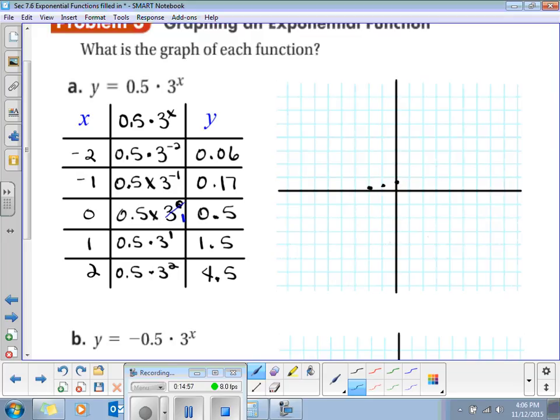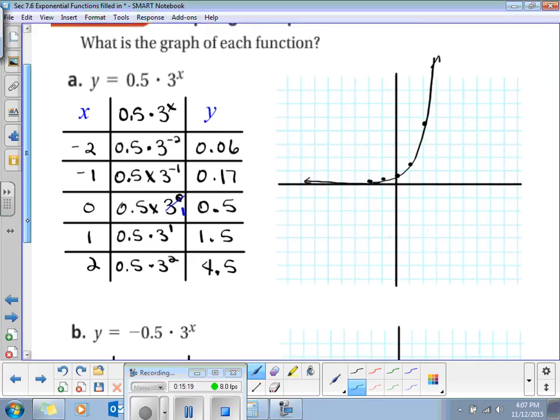We've got 1, comma, 1.5, and 2, comma, 4.5. So your graph looks like that. Very good. Except you should try not to let it touch the x-axis.